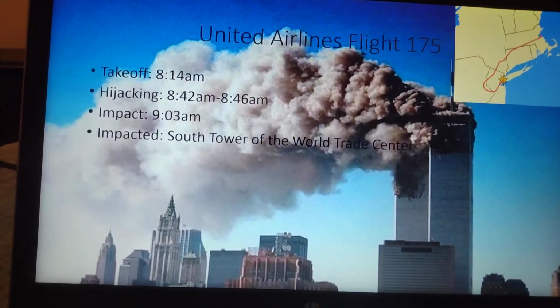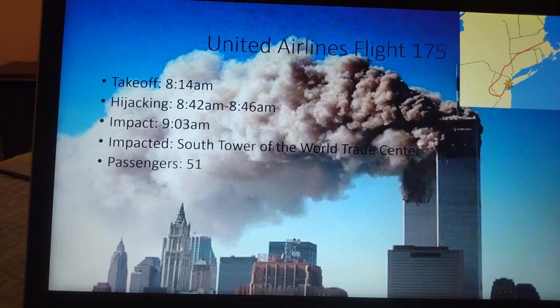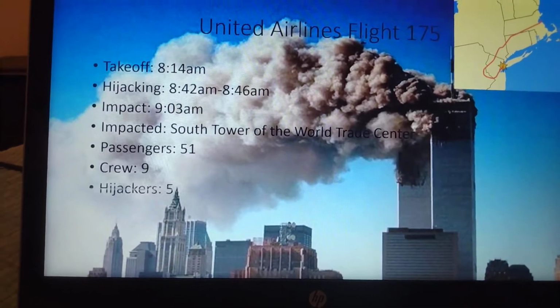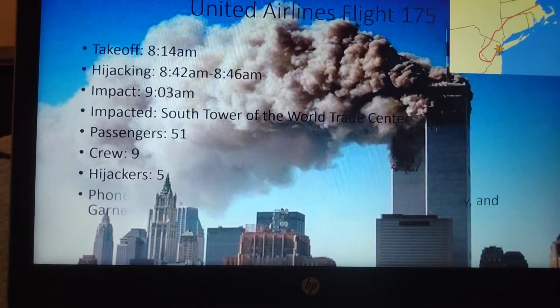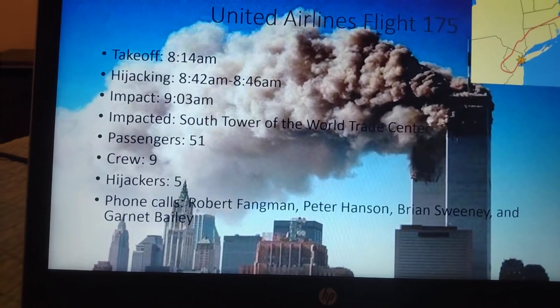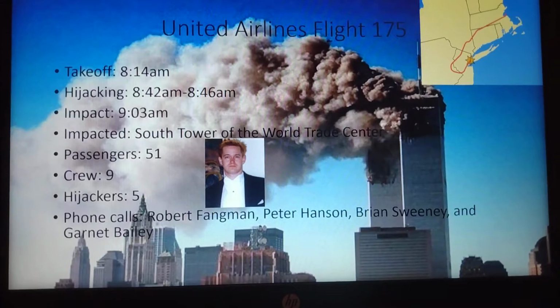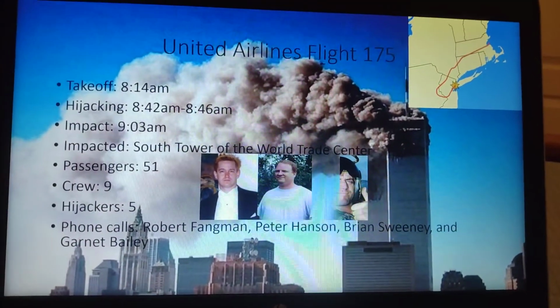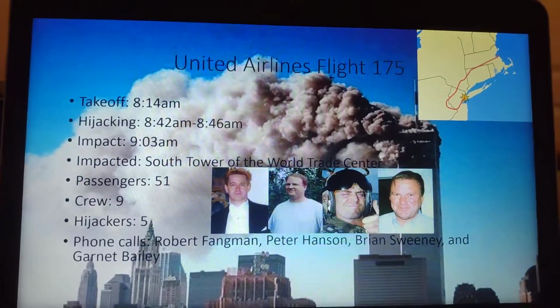It impacted the South Tower of the World Trade Center, and the plane was carrying 51 passengers, 9 crew members, and 5 hijackers. 4 people made phone calls from the aircraft. They were Flight Attendant Robert Fangman, passenger Peter Hansen, passenger Brian Sweeney, and passenger Garnet Bailey.